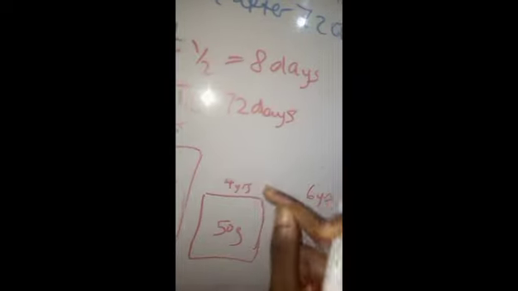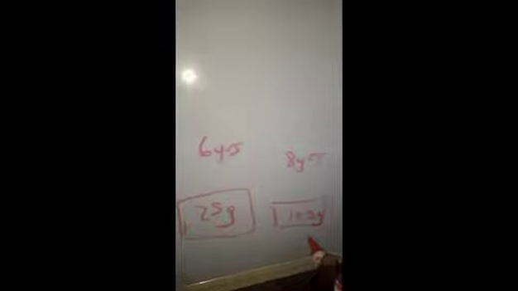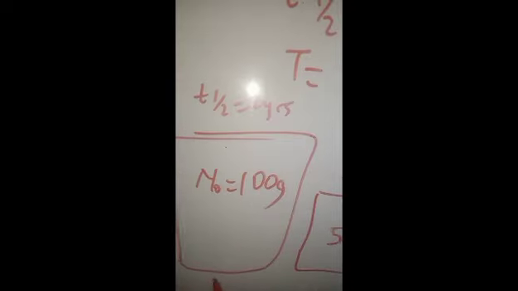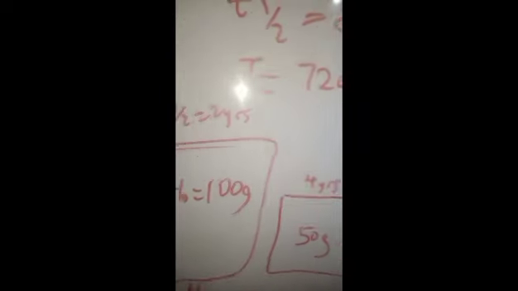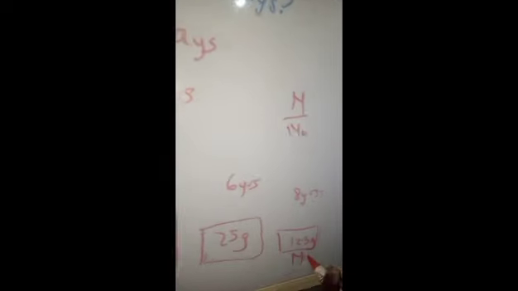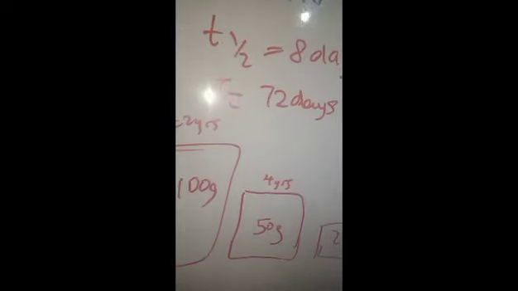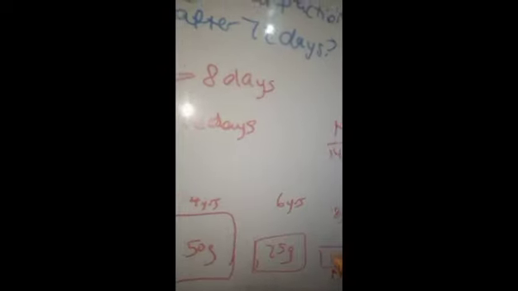So if you are asked to find the amount remaining, this is your final, N, over the initial, N naught. So this is the amount remaining, the fraction remaining, the fraction you have left. But in some questions they will ask for the fraction that has decayed.